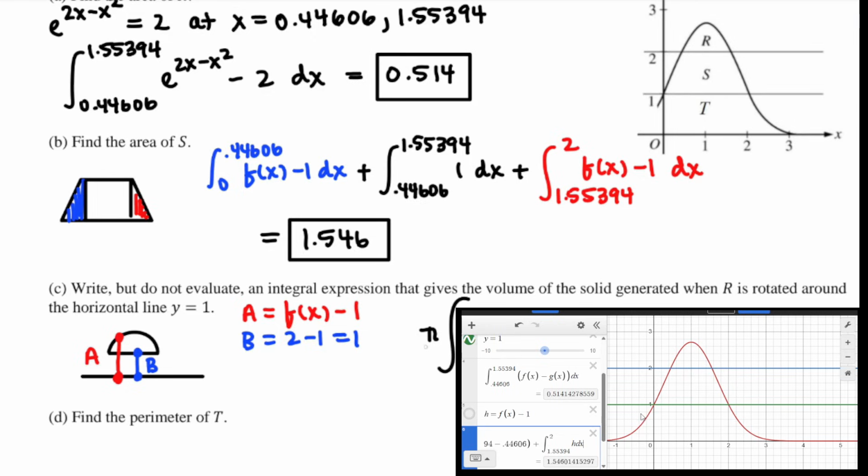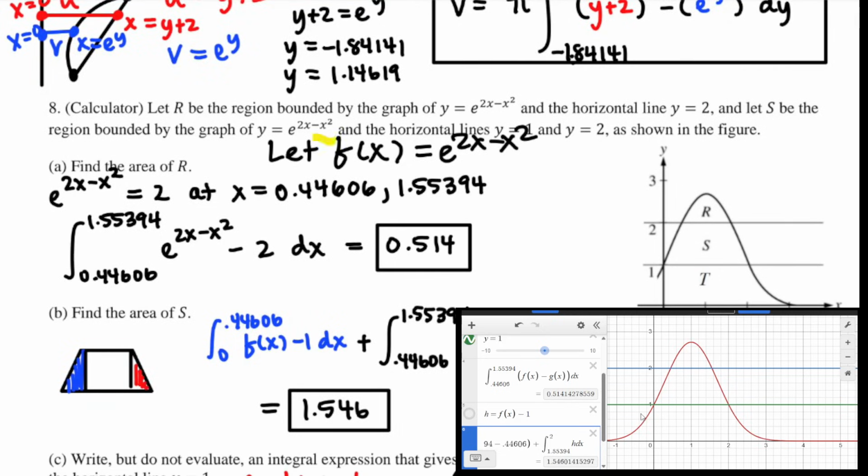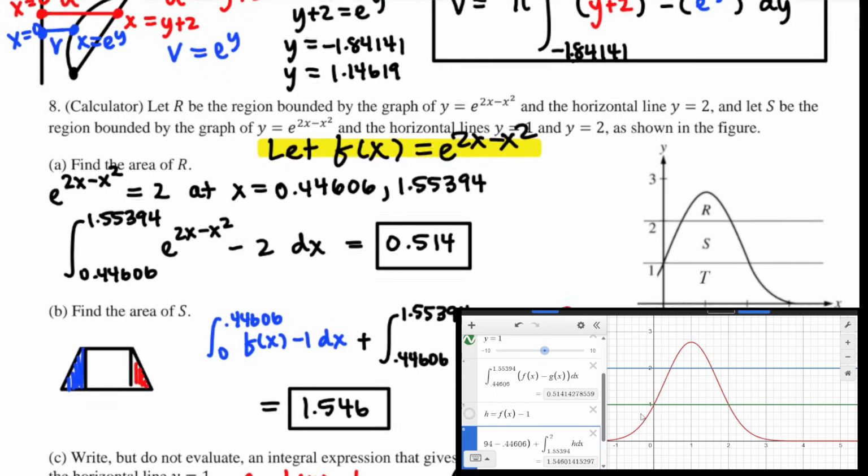So my volume, it's right, but don't evaluate. So pi times the integral of a squared. And remember, I can only write f of x because I went and very clearly defined let f of x equal this up at the very start.